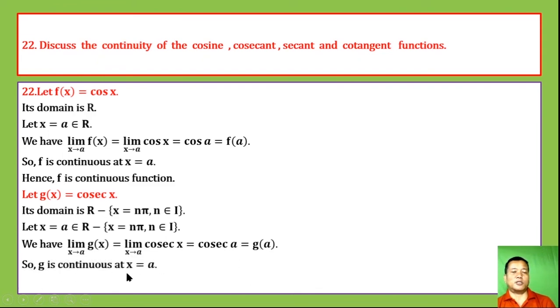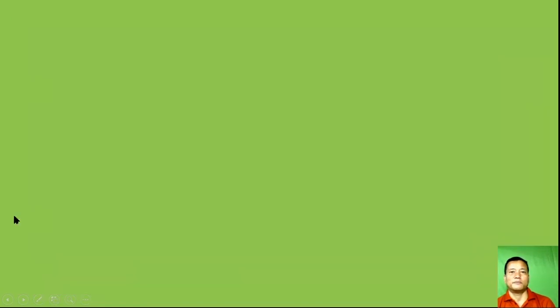So g is continuous at x equal to a. Hence g is a continuous function. Cosecant is a continuous function.